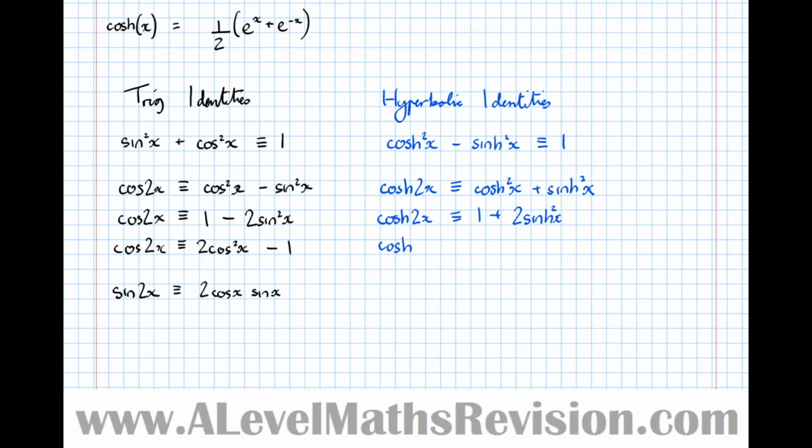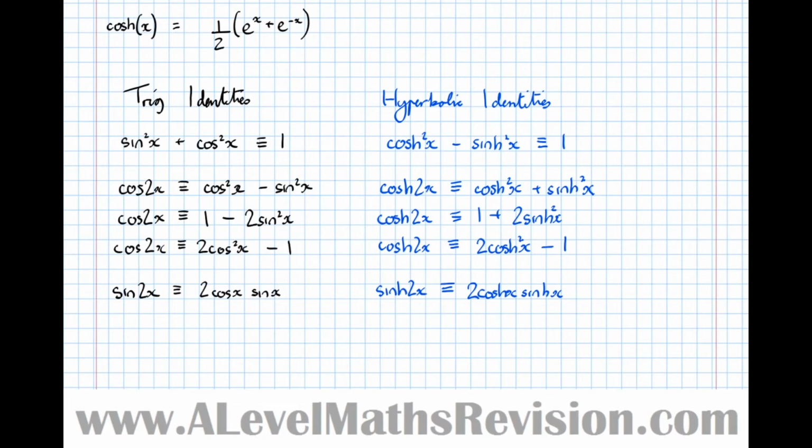We've also got cosh of 2x is identical to 2 cosh squared x minus 1. Then finally, sinh of 2x is identical to 2 sinh x cosh x. And notice the striking similarities, and also one main difference.